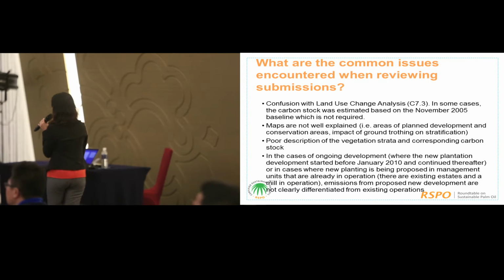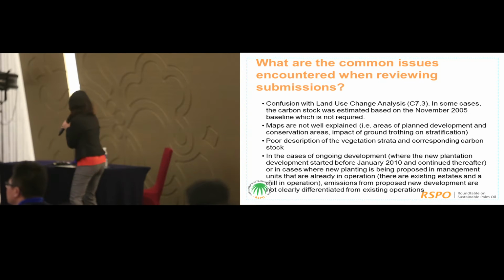So we find that these things sometimes are not well explained, and we are going to make sure we put it in our report: when you are in this scenario where you have an ongoing operation and you're expanding, how you should do your reporting. So we realize there's a gap on our side. We are not very clear on that. So we're going to address it in the update.